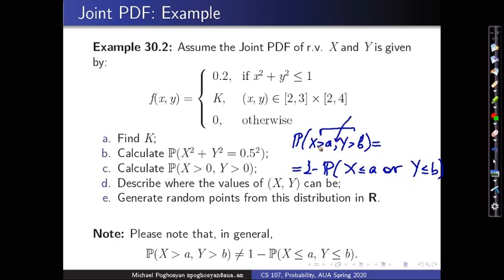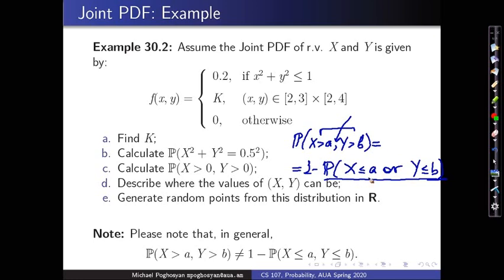So the probability that x is larger than a and y is larger than b is equal to 1 minus the probability that x is less or equal than a or y is less or equal than b. And if you want to calculate this, recall the formula for the union of two events.